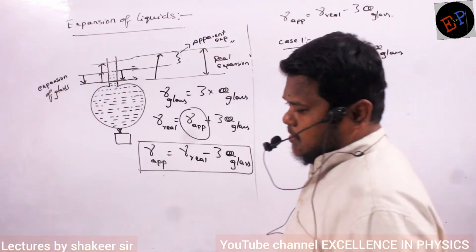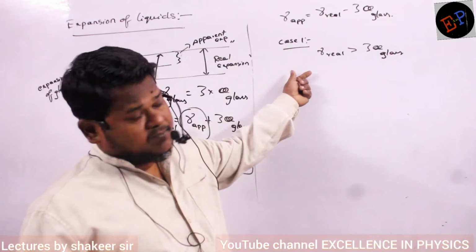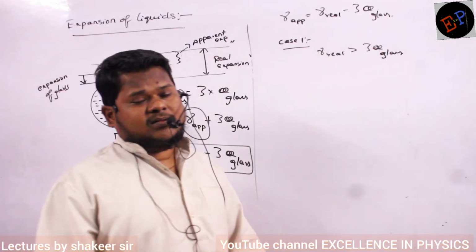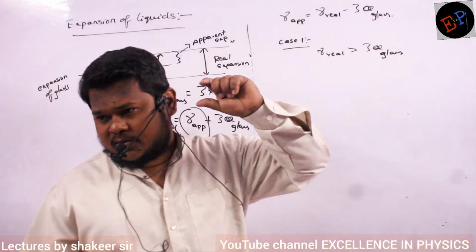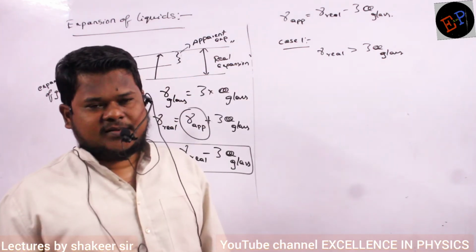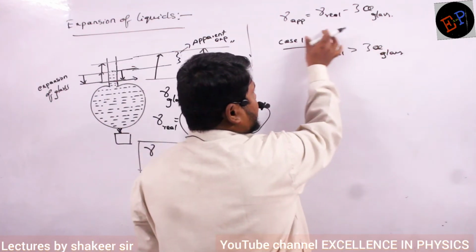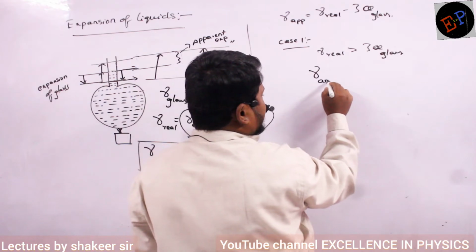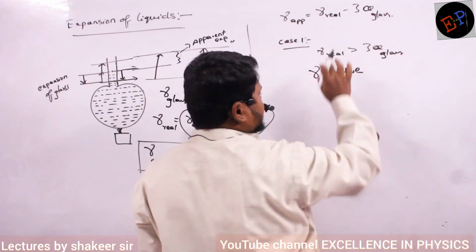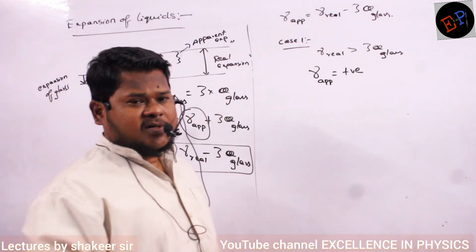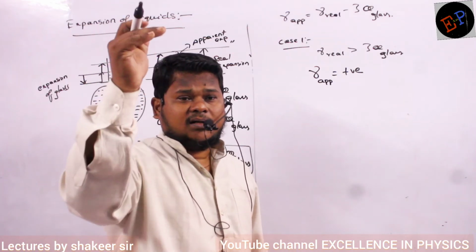The coefficient of real expansion of the liquid is greater than 3 times the coefficient of linear expansion of glass. Then if this value is greater than this value, gamma apparent will be positive, because the first value is greater than the second value. So gamma apparent positive means what? Water level actually increases.